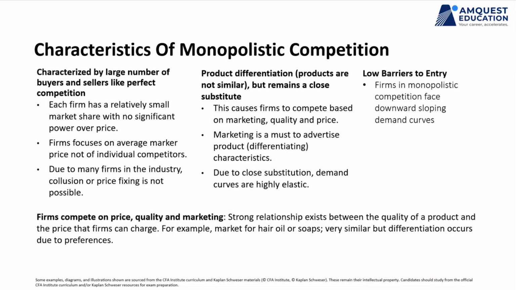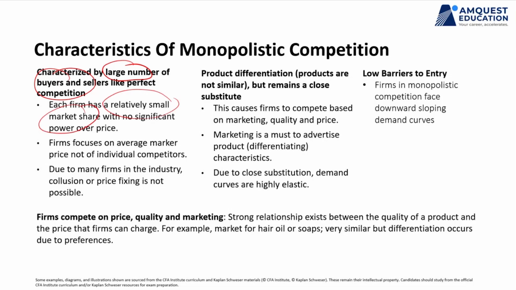Now, characteristics of monopolistic competition. We already discussed this on the earlier slide, where we said that there are a large number of buyers and sellers, but not unlimited, right? But remember, the sellers are still fewer than the buyers in quantity, and each seller has a market share which is more or less 3 to 4%.